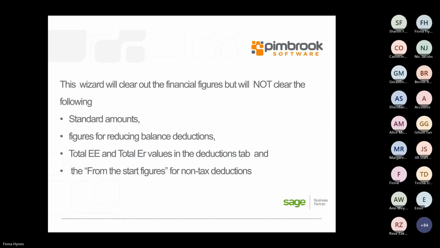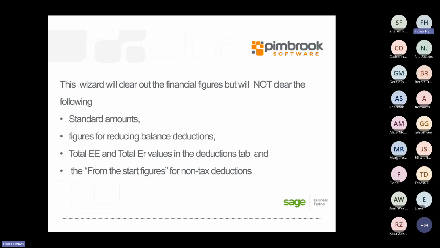This wizard will not clear out the following. Just to make a note, it will not clear out the standard amounts, figures for reducing balance deductions, total EE and total ER values in the deductions tab, and the from the start figures for non-tax deductions.